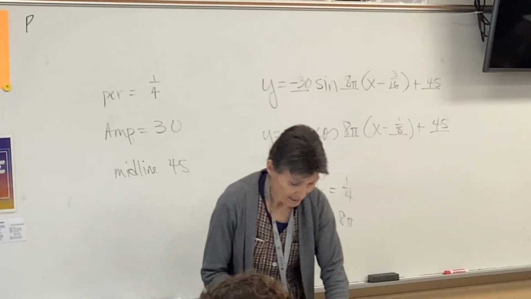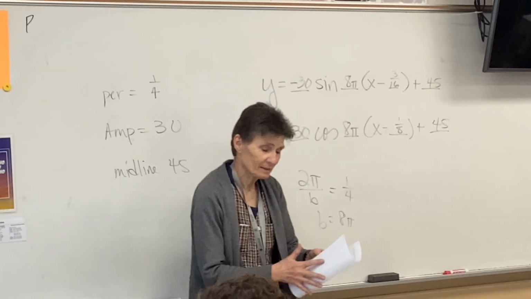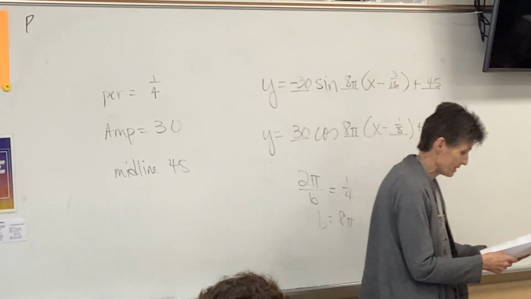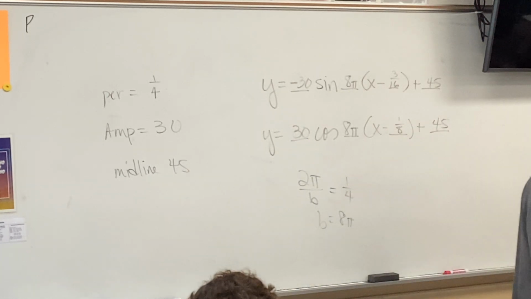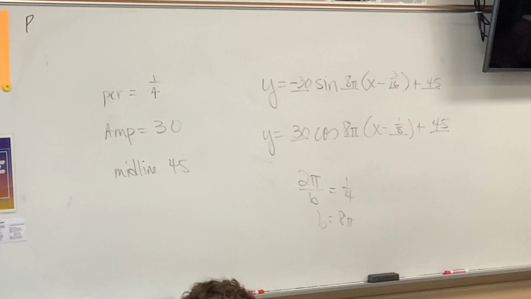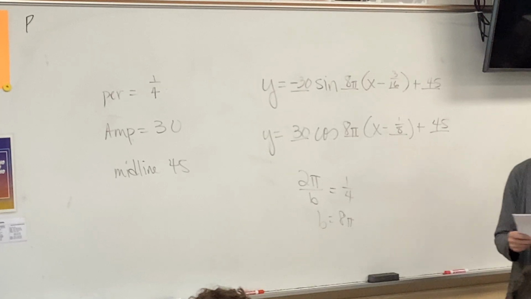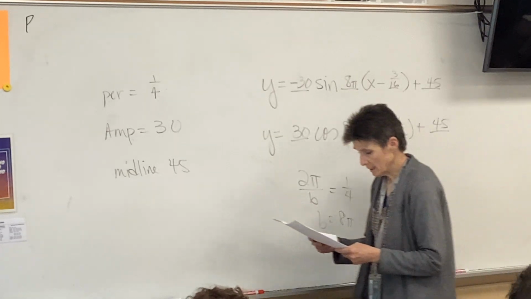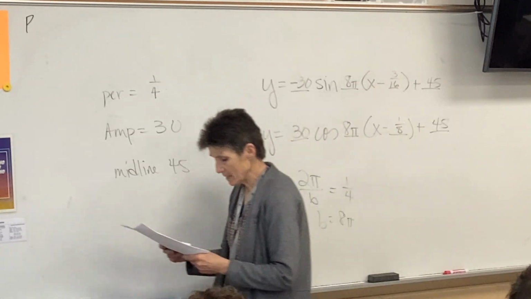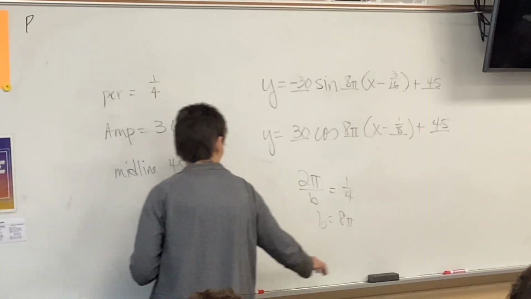Speaking of practicing, I just gave you a huge packet. There is no way we're going to do all this. But there are just a couple of different kinds of problems we should probably practice. So I numbered the pages this time. Let's look at page 1, number 2. We are going to write the equation of this.